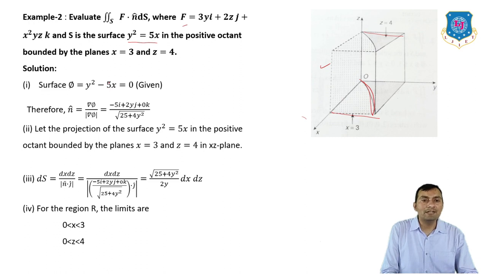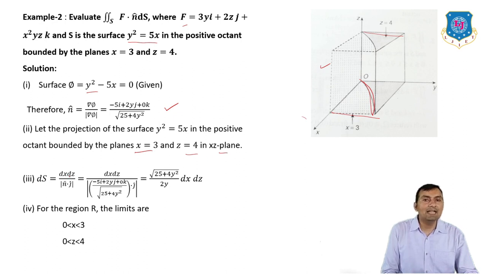So here we are given the surface y square minus 5x equal to 0. From this we can find the unit vector n cap. Now let the projection of the surface on the positive octant bounded by the planes x equal to 3 and z equal to 4 be in the xz plane. So we are taking the projection on the xz plane.